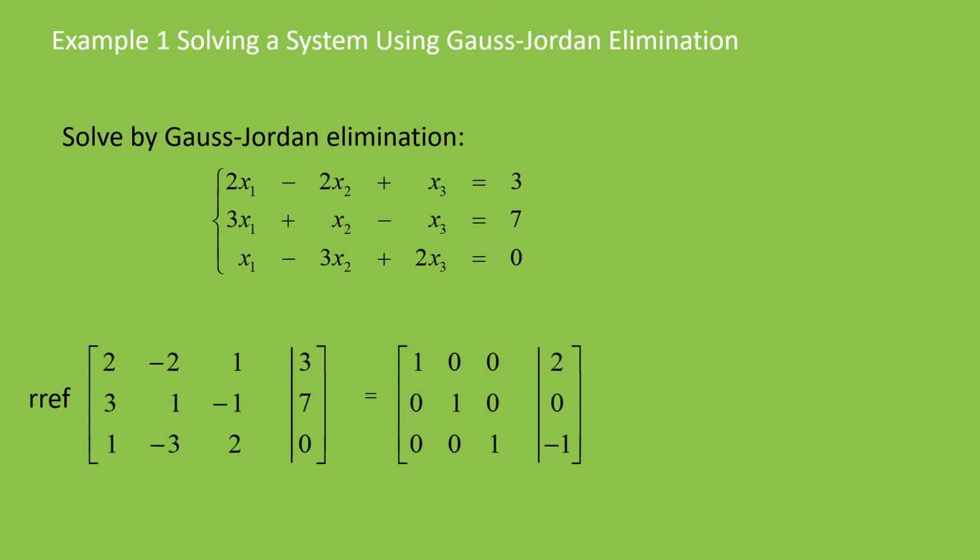Here the coefficient matrix is a unit matrix, and the constants are 2, 0, -1. So it looks like 1x1 is 2, 1x2 is 0, and 1x3 is -1. So the values of x1, x2, x3 are obtained, and you can easily get the solution for this system using Gauss-Jordan elimination.